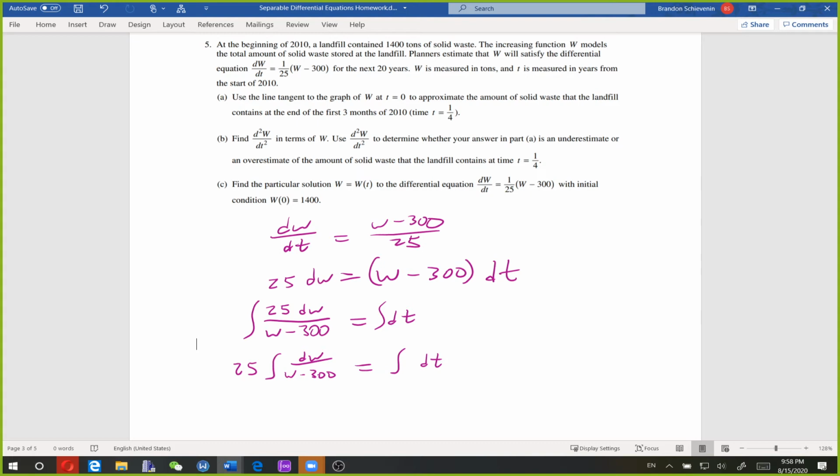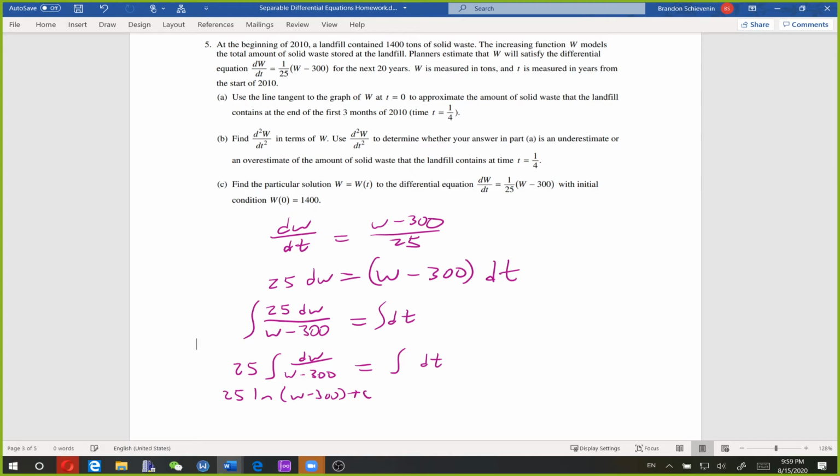Okay, if we're not sure, is there anything that I could derive that would give me 1 over my variable? Okay, go for it. Yes. ln w minus 300 plus c.